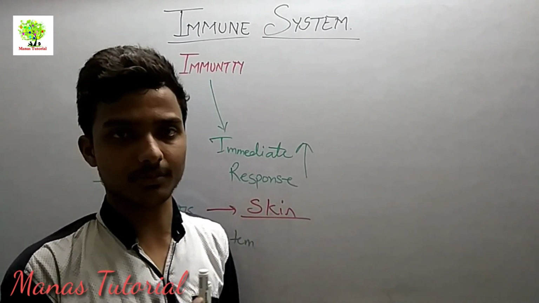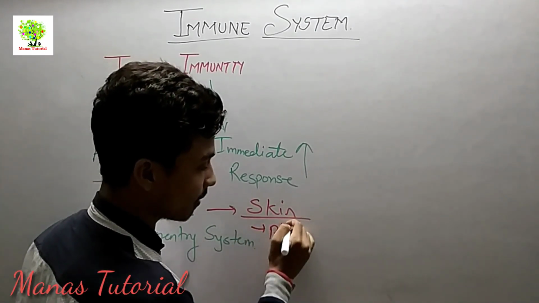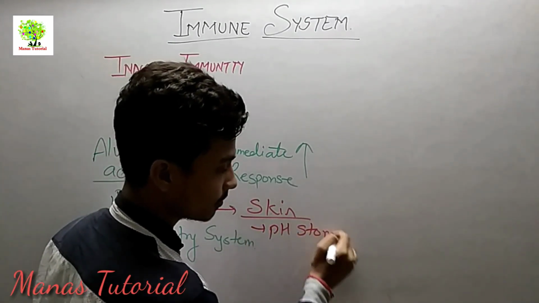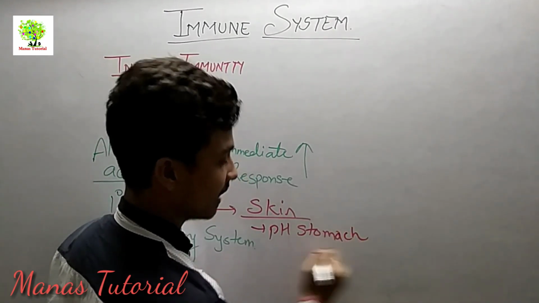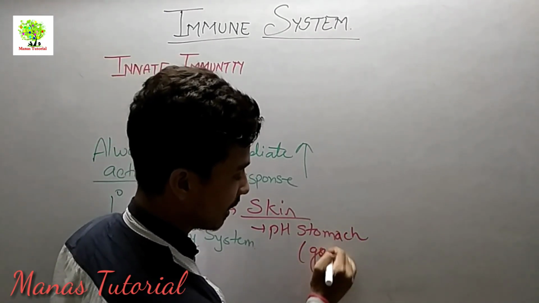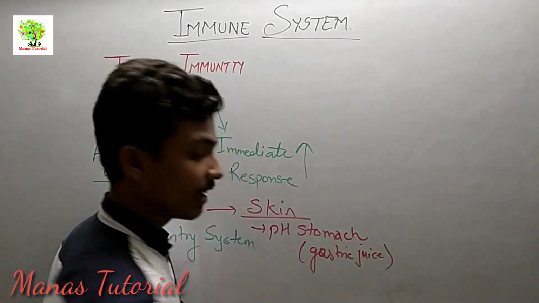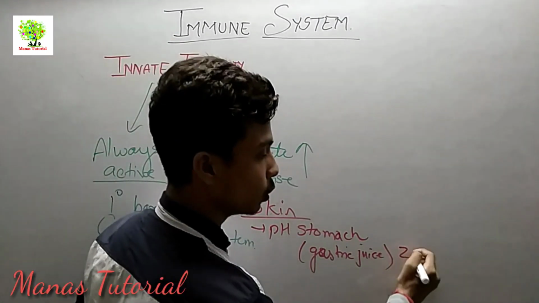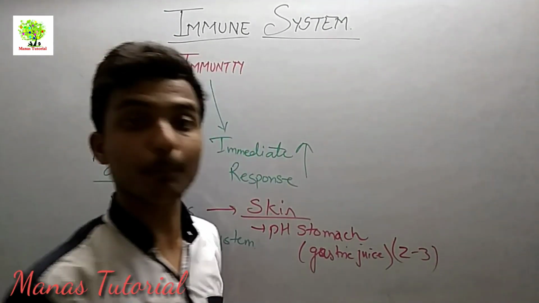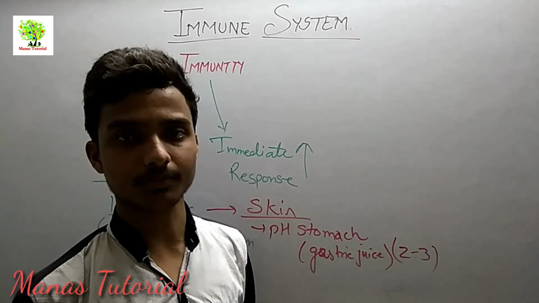Another is the pH of the stomach, or gastric juice. The pH of gastric juice is very low, around 2 to 3, which prevents foreign particles from entering the system.